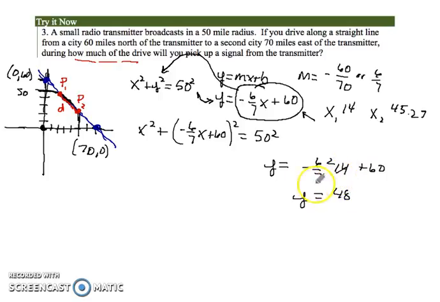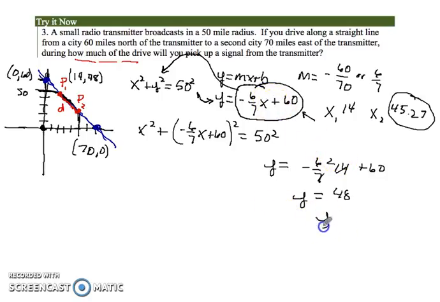So we know one ordered pair now is 14, comma 48. That's one of the points. Now let's find the other one. Now we have to plug this value, 45.29, into our formula.